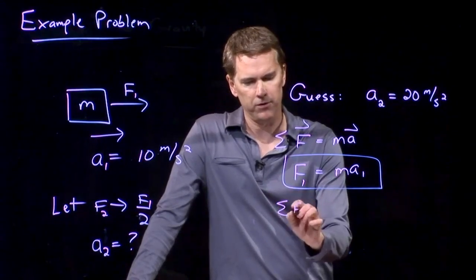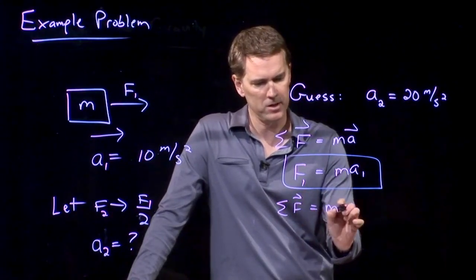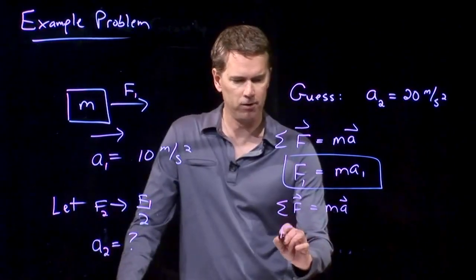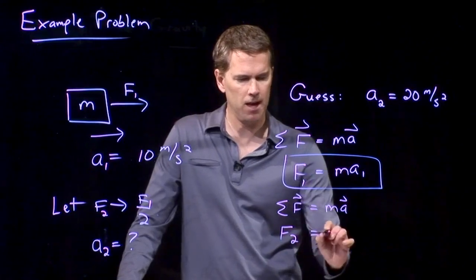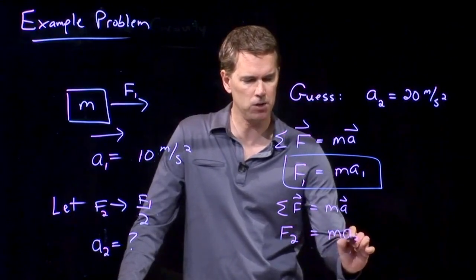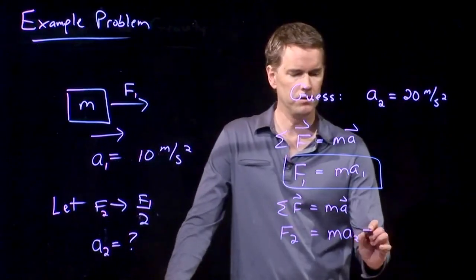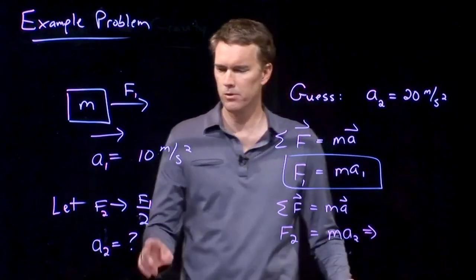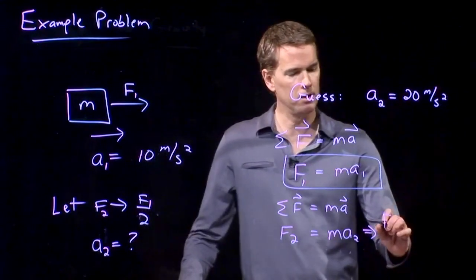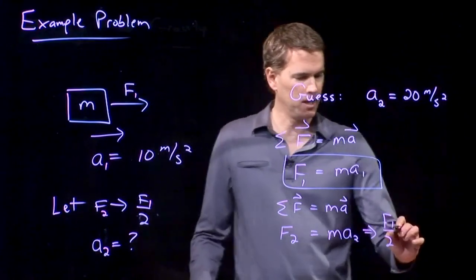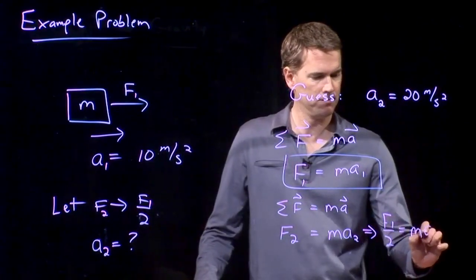Sum of the forces equals mass times acceleration, but now we have a different F2 and we have a different A2. And what we just said was F2 is really F1 over 2. And we want to calculate A2.